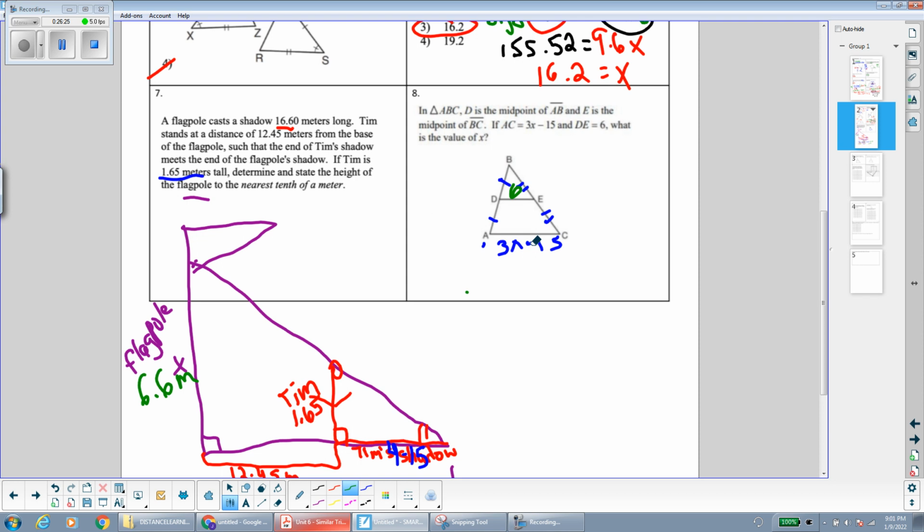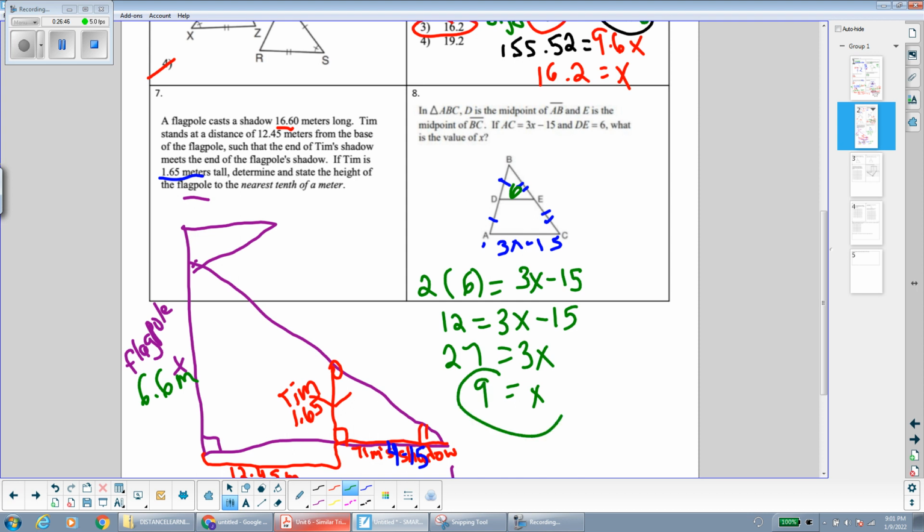So I can set up an equation that says if I take the midsegment and I double it, I will get the length of the base, or the third side of the triangle. So here I have 12 is equal to 3x minus 15. Adding 15 to both sides, 27 is equal to 3x. And I get that x is equal to 9.